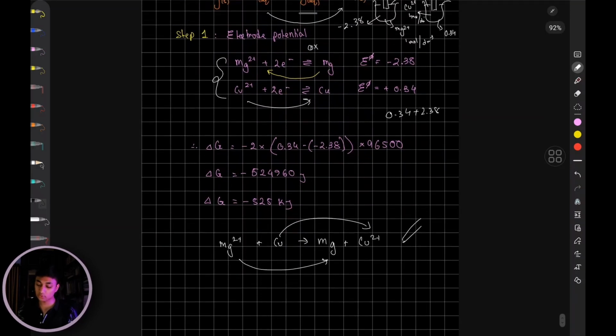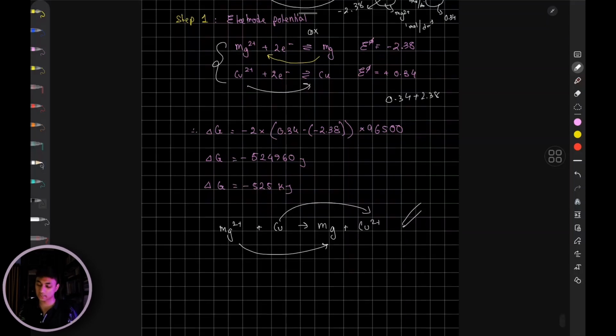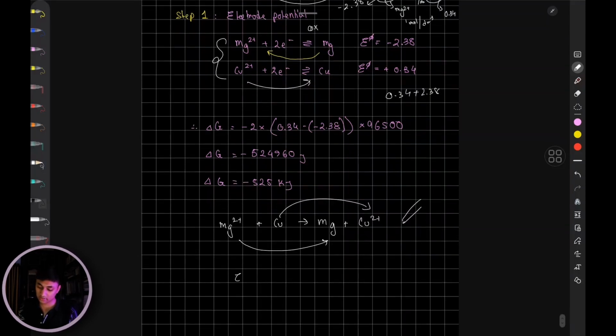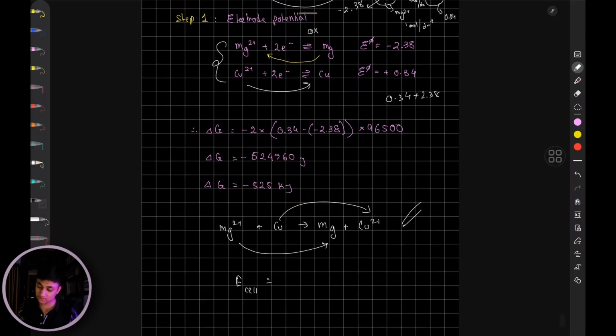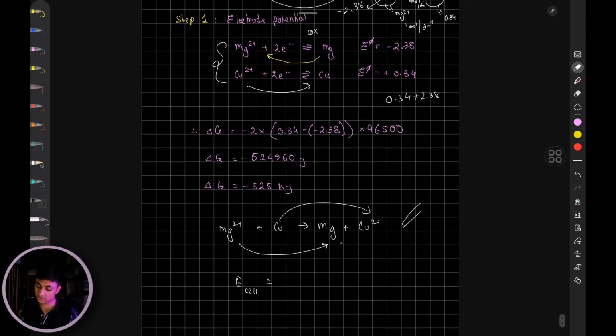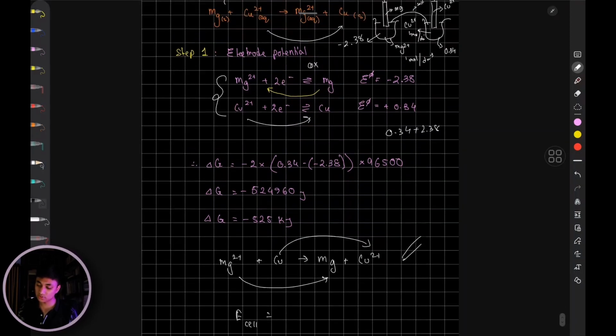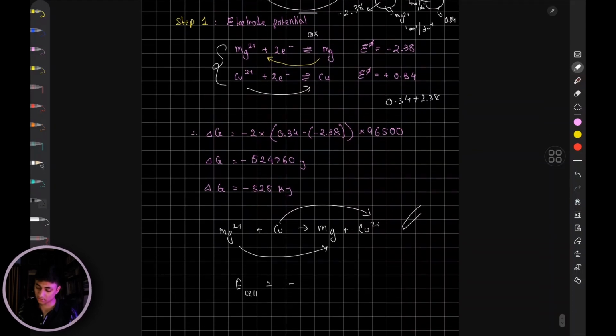So if you remember from the video where I talk about how to check feasibility of a reaction, you would find the E cell of this. So E cell of this reaction is going to be, which one is getting reduced according to this equation? Mg2+ is getting reduced, right? So you're going to write minus 2.38 minus, and copper is getting oxidized, so 0.34.